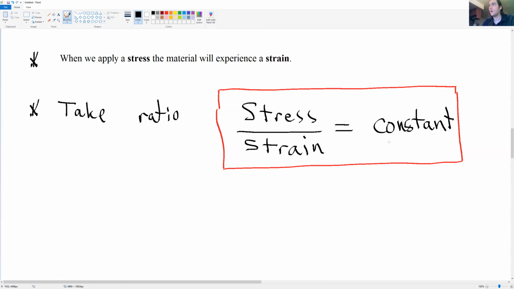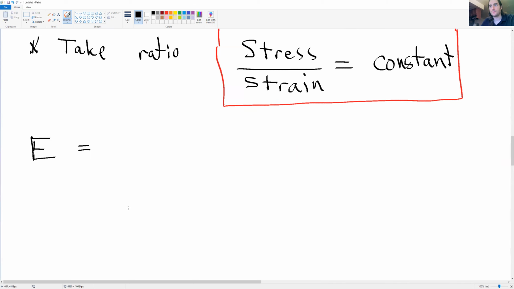And that constant, we call this the elastic modulus, but let's go ahead and write that out. So E is stress over strain. And E over here is the elastic modulus.